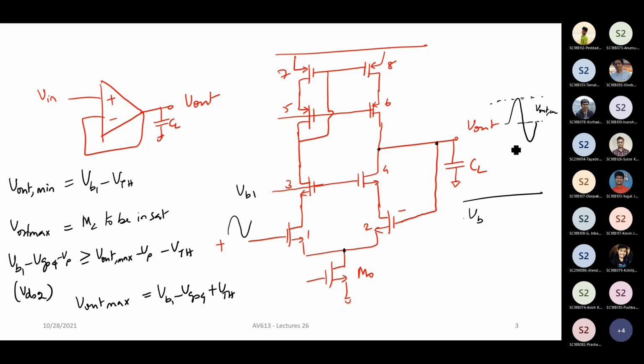Your voltage can swing between these two limits, and you can put your common mode anywhere you want. But if you put your common mode here, you get a swing of only this much. Got it? And V out max will be determined by two things, right? That M6 and M8 should also be in saturation. Yes, but I think M2 will first go out of saturation before M6 goes out of saturation.